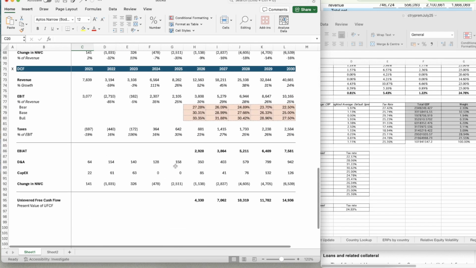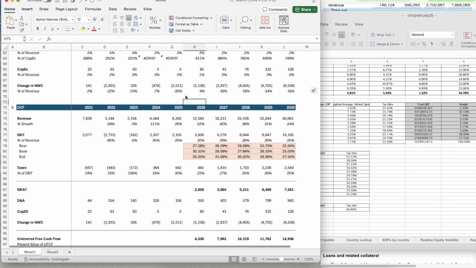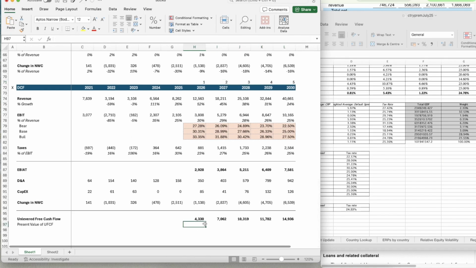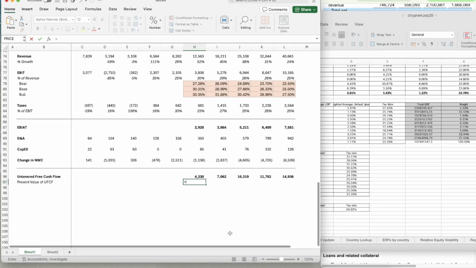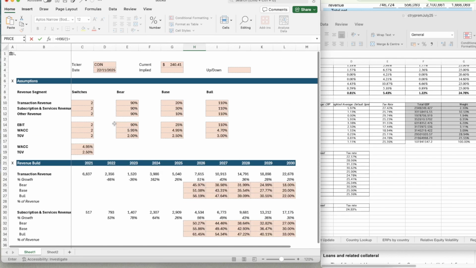Now we can come back down to the DCF, just put in another row up here and type 1 above where it says 2020. Go 1, 2, 3, 4, 5, and we want to calculate our present value of free cash flow next. We have everything we need. So we take the unlevered free cash flow and divide it by 1 plus the WACC.